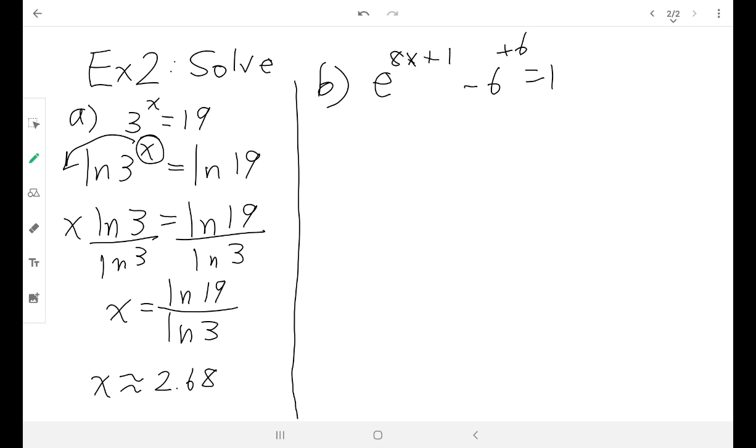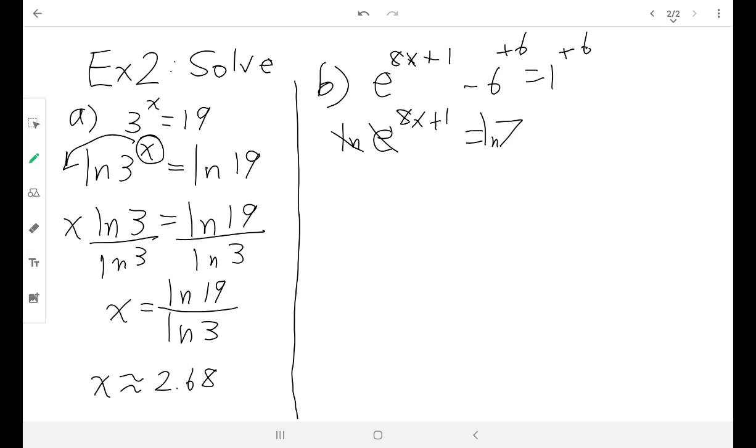Let's add 6 to both sides first so that we get the e to the 8x plus 1 by itself. And then we'll take the natural log of both sides.